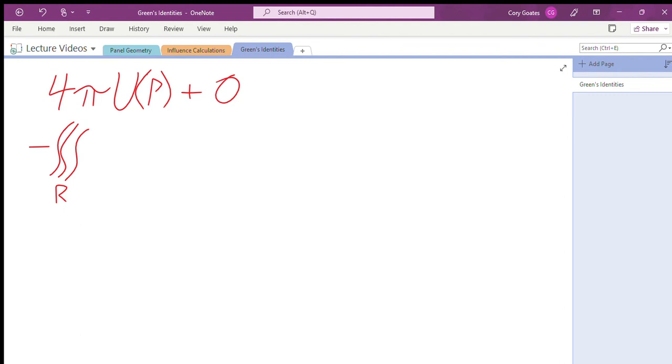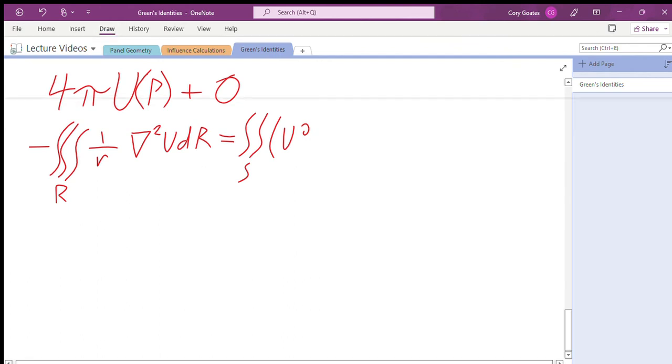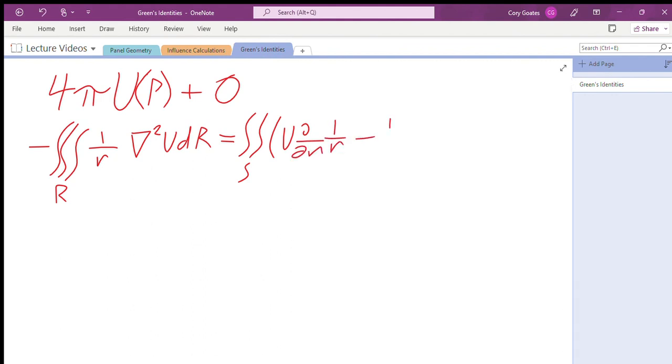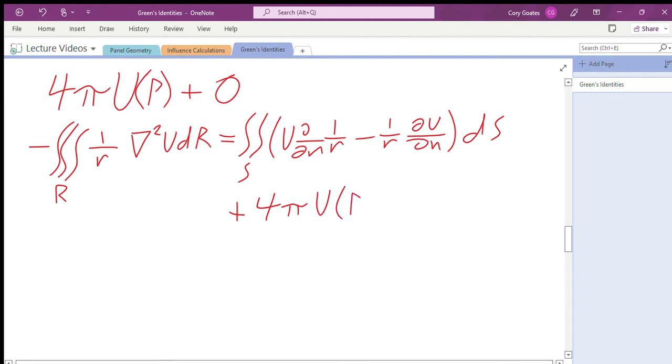Okay, so we can go back to the triple integral over R of 1 over r grad squared u dR is equal to the double integral over S of u partial n of 1 over r minus 1 over r partial u partial n multiplied by dS, and then that second term has just become plus 4 pi u at point P.